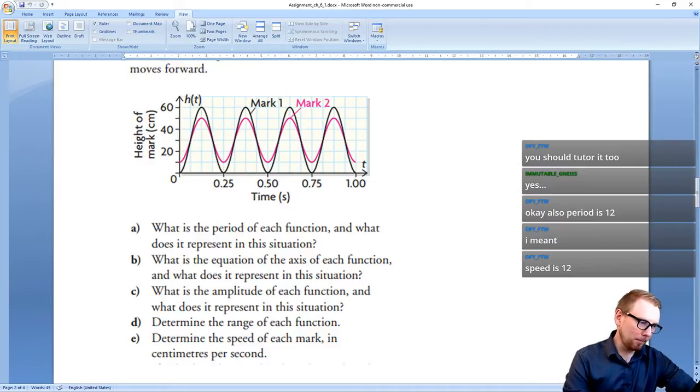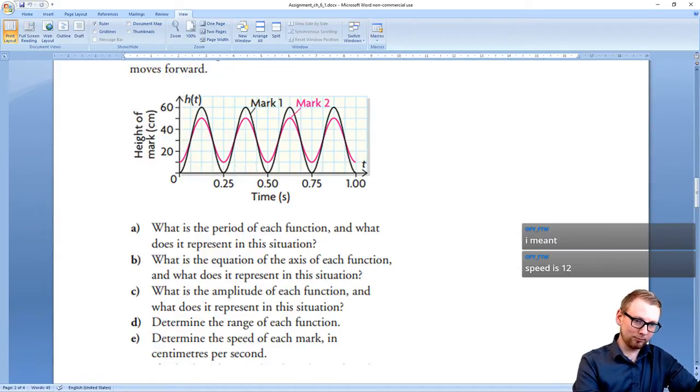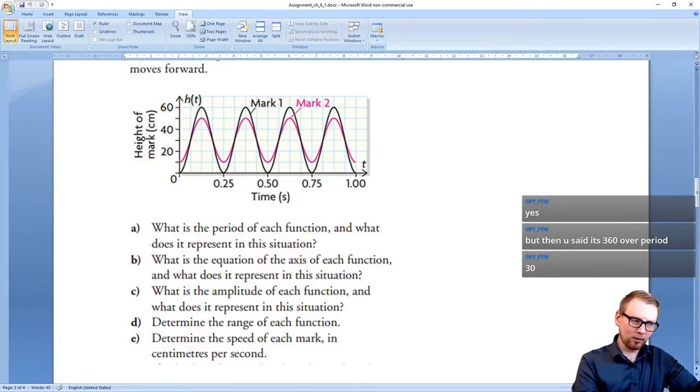So the question is, you said before the equation of the speed is 2 pi over the period, right? That's what you said before. Well, here's the thing. 2 pi is 360 degrees, and what did you say the period of each of these functions was? The period is not 30. That's the amplitude.